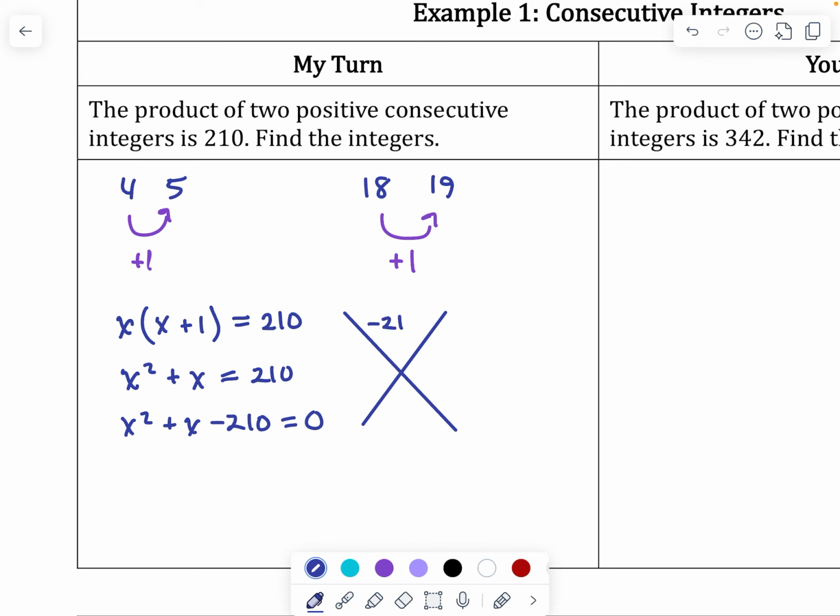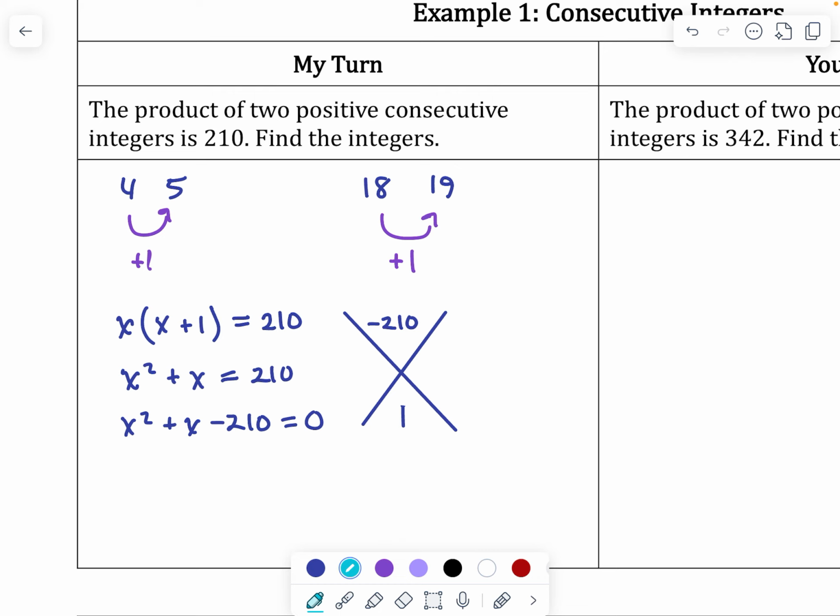Good. Let's factor this. The negative 210 goes on top. I'm going to put a 1 on the bottom. Where did the 1 come from? The 1 is technically the coefficient of the middle term here. There is a 1 in front of the x. So we need two numbers whose product is negative 210 and whose sum is 1.